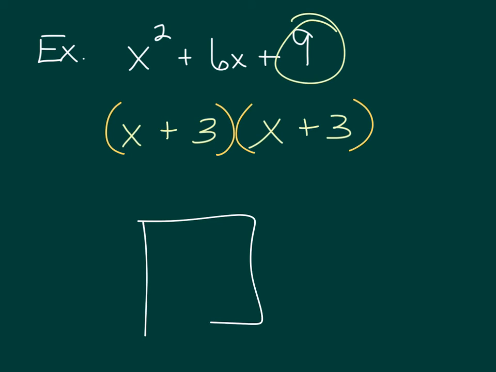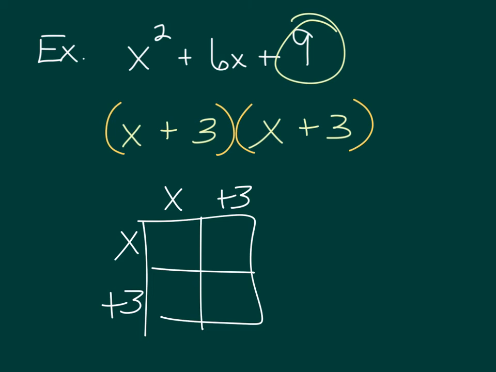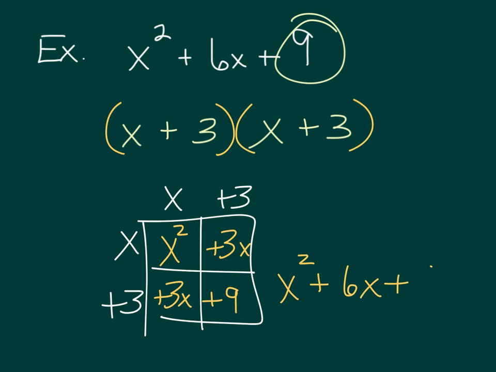Again, let's do a quick check of this. We have x plus 3, x plus 3, and here you get x squared plus 3x plus 3x plus 9, which gives you x squared plus 6x plus 9, which is the original equation.